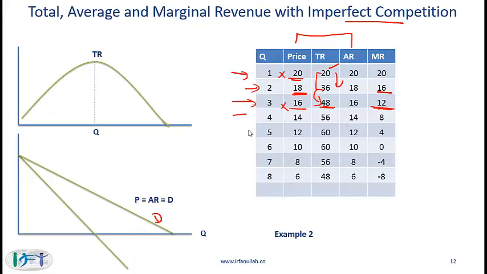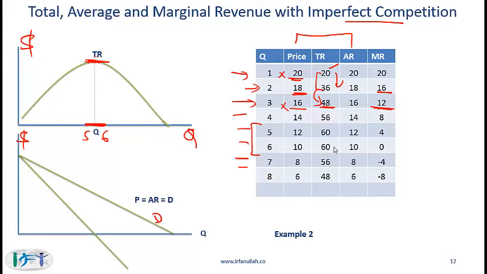If you follow this table, notice that as the quantity is going up, the price is coming down. So in this region where we go from 5 to 6, the price is coming down, quantity is going up, but total revenue is staying the same. And that is happening over here. So as we go from a quantity of 5 to 6, and here again, x-axis is quantity and the y-axis is a dollar figure, the total revenue is flat at 60.